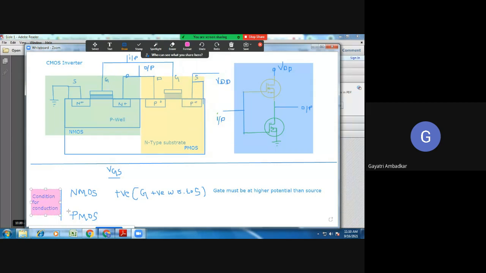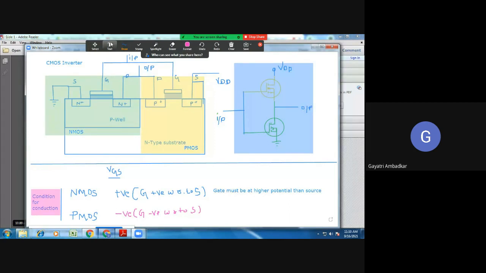These are the conditions for conduction. If you want NMOS to conduct, VGS must be positive. That is, gate must be positive with respect to source, or in other words, gate must be at higher potential than the source. If you want PMOS to conduct, VGS must be negative, or gate shall be negative with respect to source.